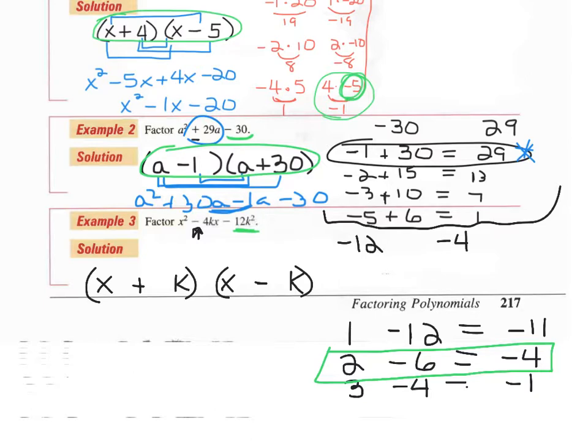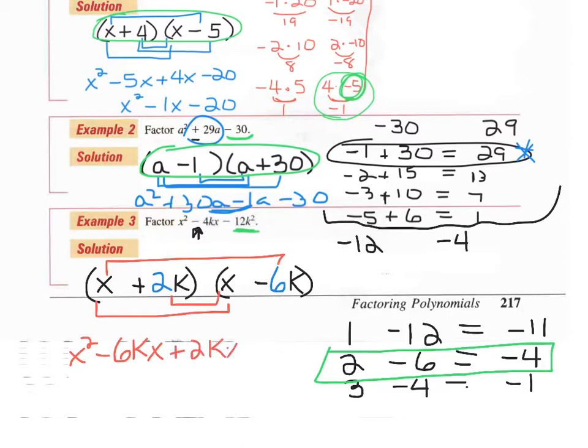So I'll come back over here to my binomial. The -6 will go here, and the +2 goes here. Again, you should FOIL this to make sure it is going back to the original. So again, first is x squared, outside -6kx. Again, I write them alphabetically, so it's easier for me to find my like terms. Here, +2kx.